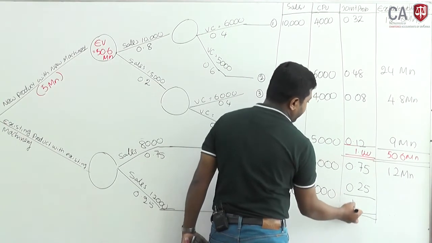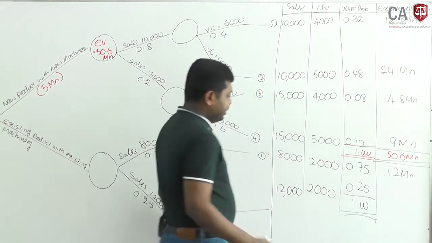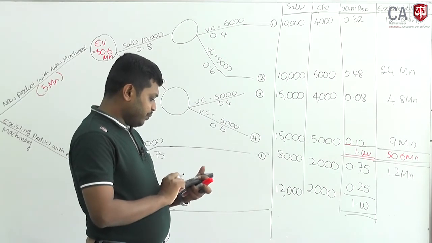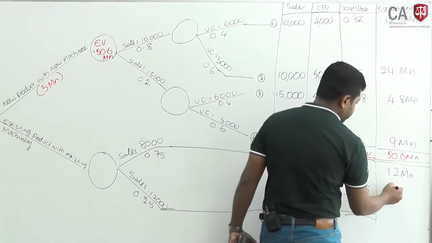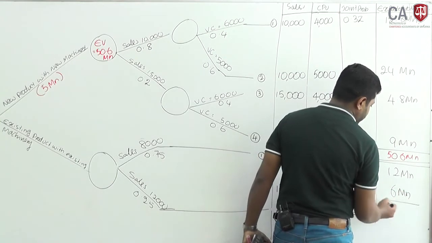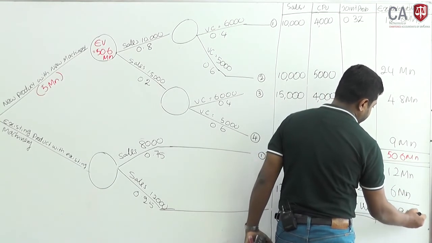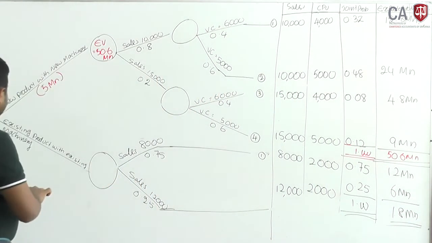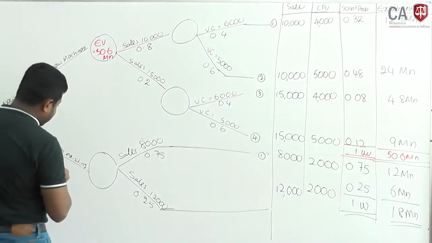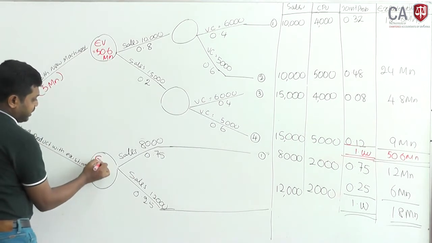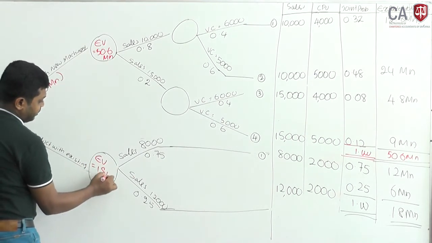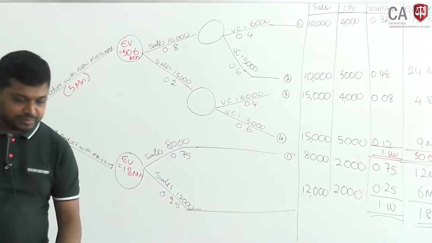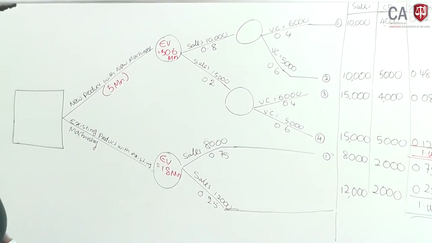Then 24 million into 0.25 is 6 million. Total 18 million. If you select existing product with existing machinery, your expected value will be 18 million.